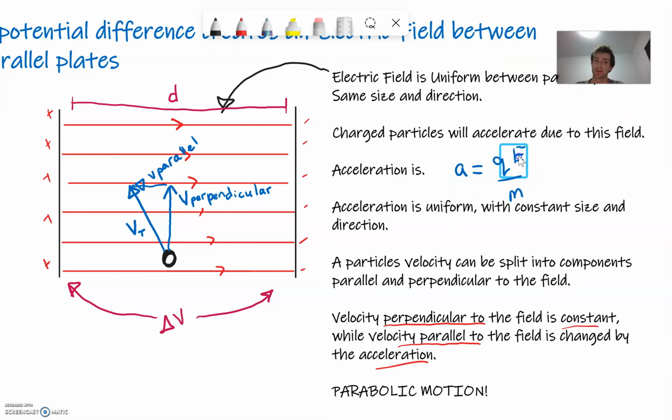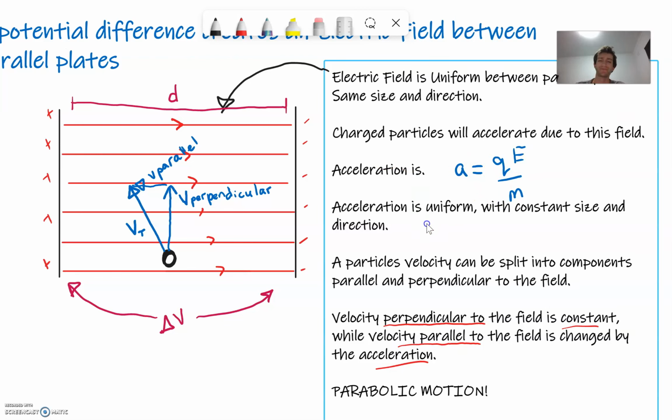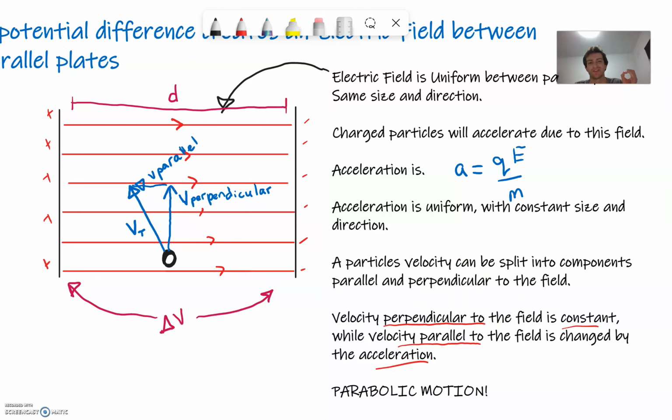That means the acceleration is also uniform in size and direction. Only the velocity that's parallel to that acceleration will be changed by that, whereas the perpendicular component will be constant, and that will give us parabolic motion where one component of the velocity is changing and the other component remains constant.